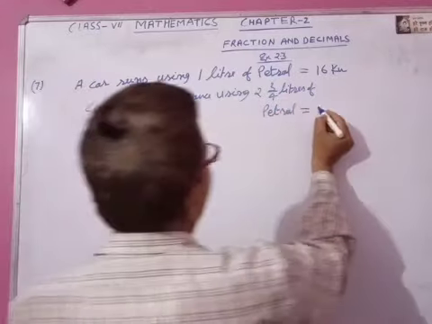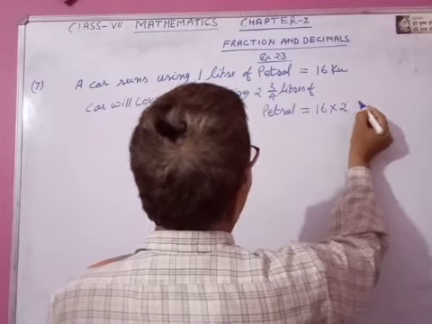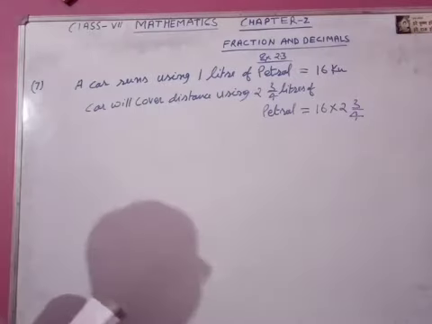So 2 whole 3 upon 4 liters, 16 multiplied by 2 whole 3 upon 4 kilometer.